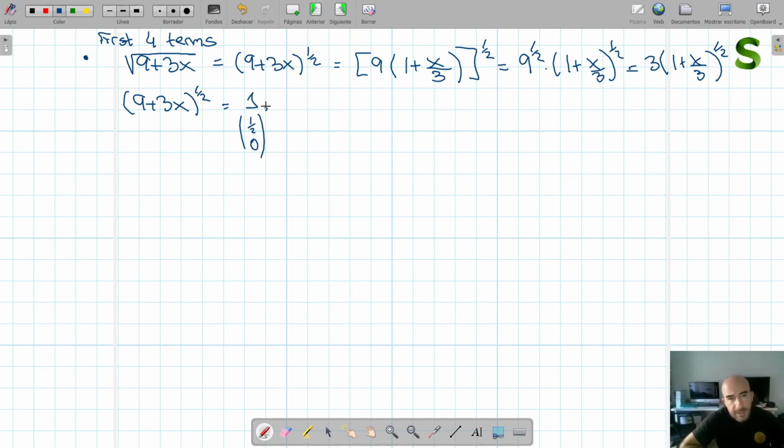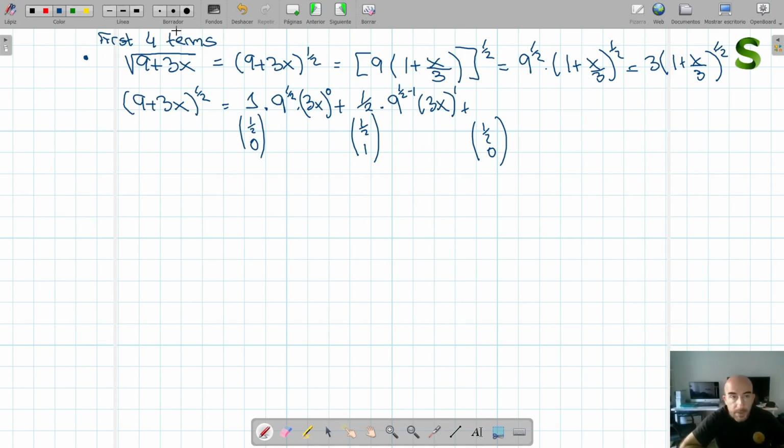That's 1 times 9 to the power of 1/2 times 3x to the power of 0, plus, now I'm going to do 1/2 over 1. And 1/2 over 1 is always going to be the number on top, so the half. So that's going to be 1/2 times 9 to the power of 1/2 minus 1 times 3x to the power of 1, plus 1/2 over 2.